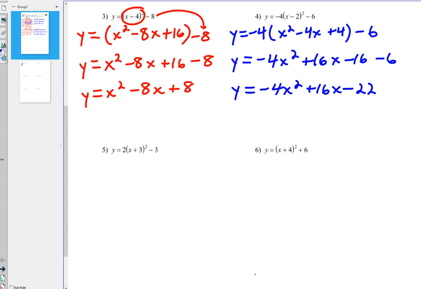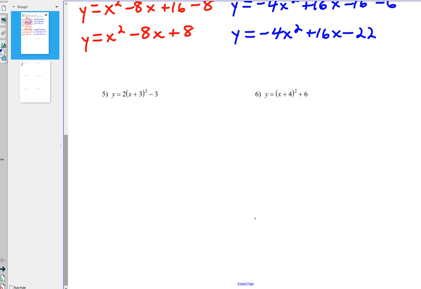Because -16 minus 6 is -22. I know, yeah, but I see it. I'm just saying, if you got something different and you're still confused and you don't know what you did wrong, then say something.